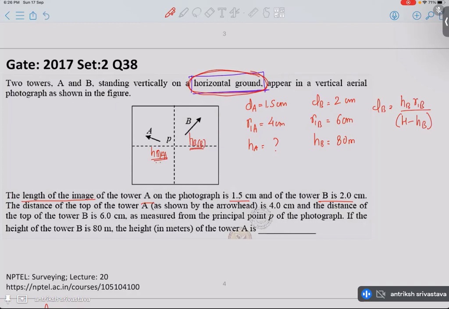So using this formula, we can get this denominator, which will be same for tower A also.